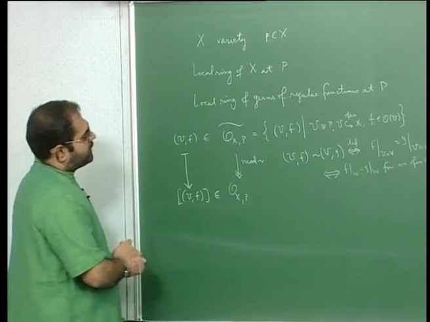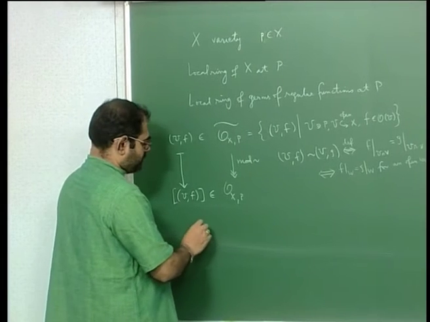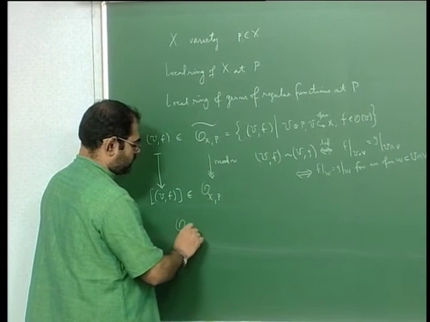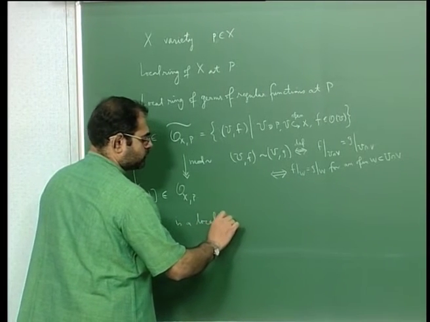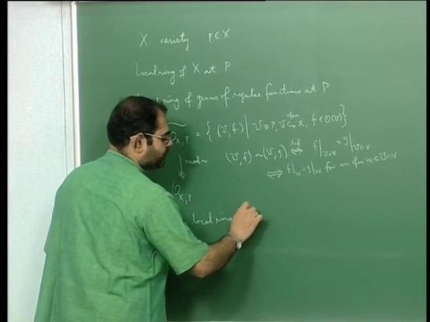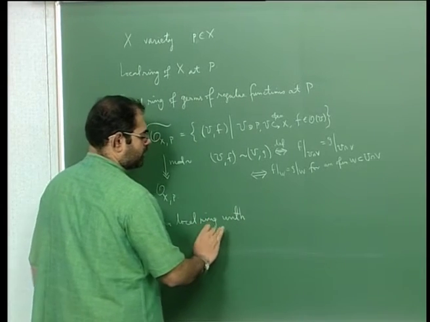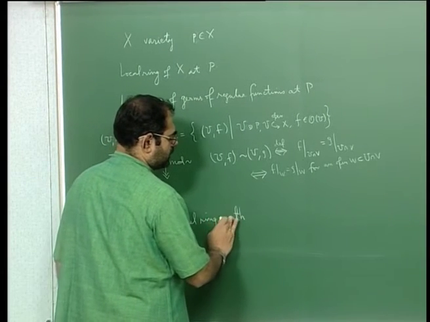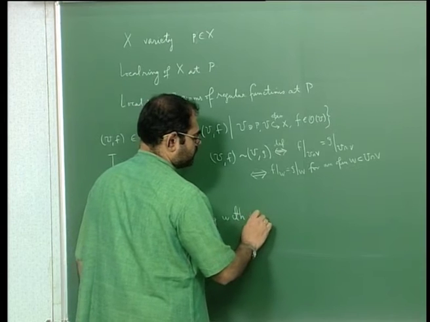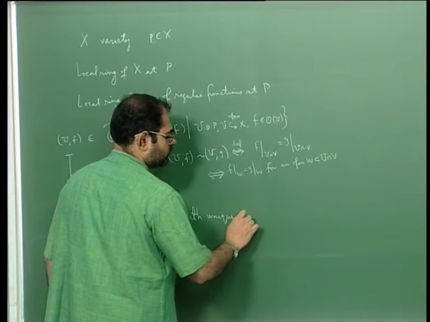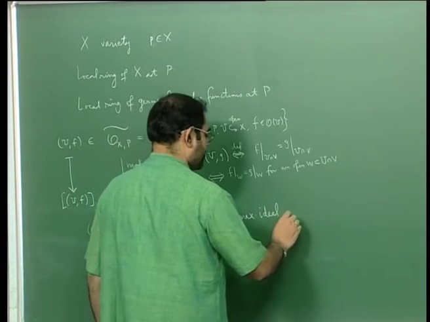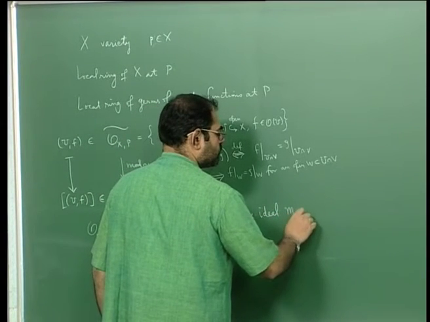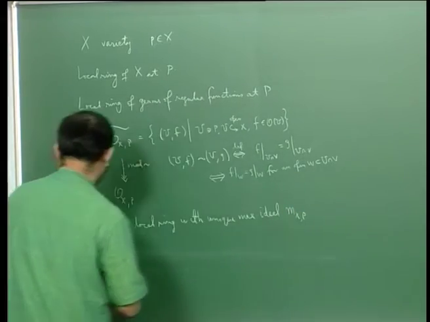And I told you that O_{X,P} is a local ring with unique maximal ideal M_{X,P}, and what is this maximal ideal?